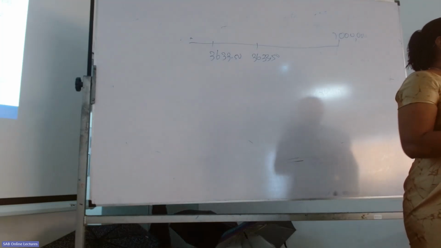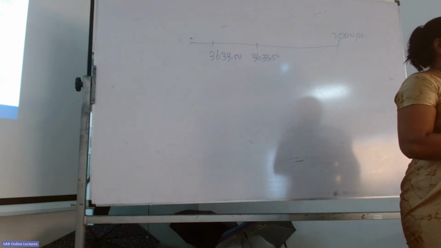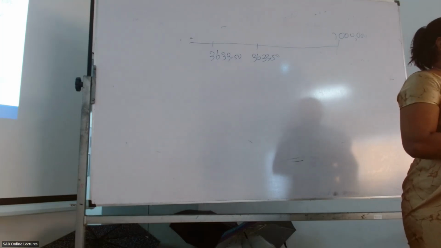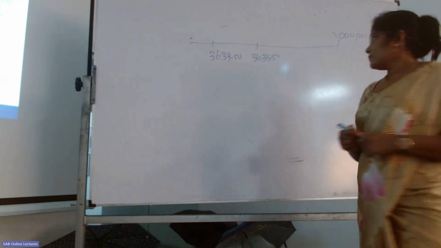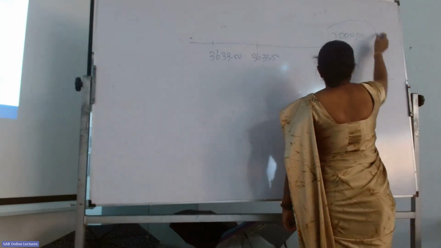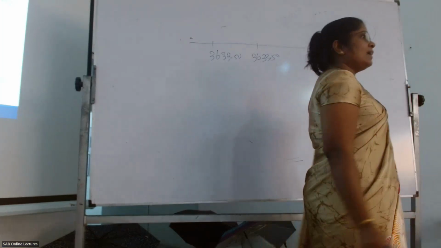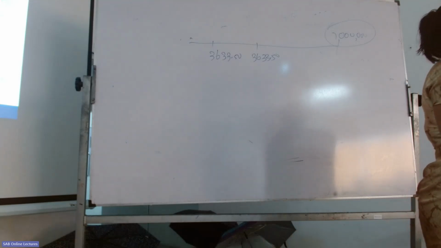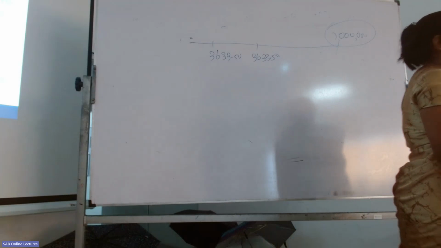How long will it take to have this 1 million? The application of what? This 1 million is what? It is the future value of these deposits. So the application is the future value of annuity, and you have to apply that formula.